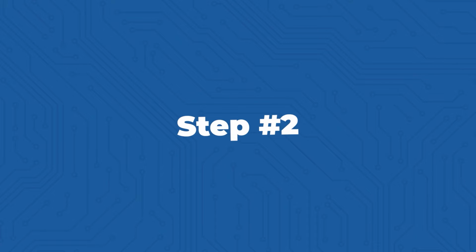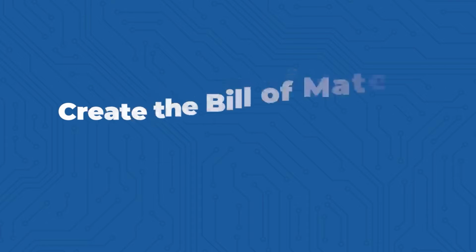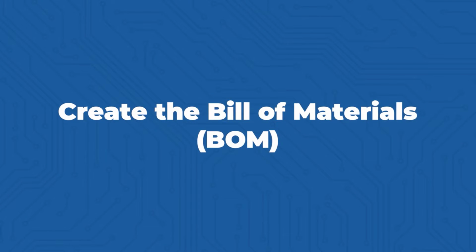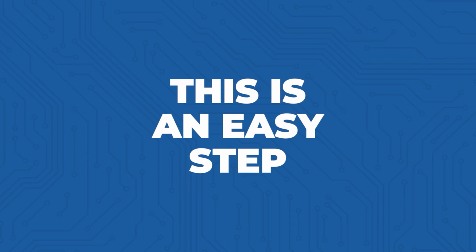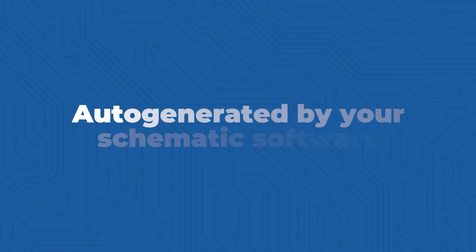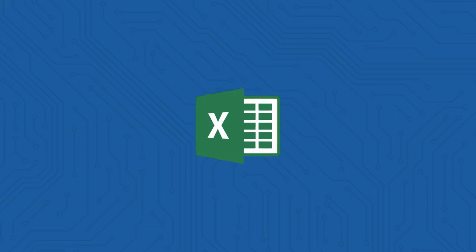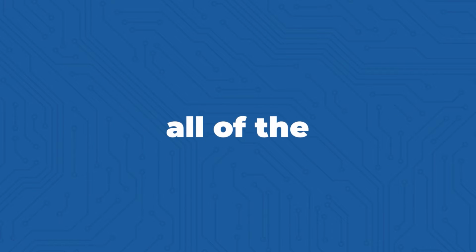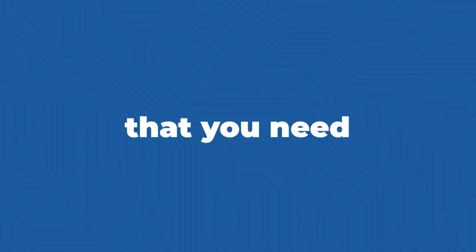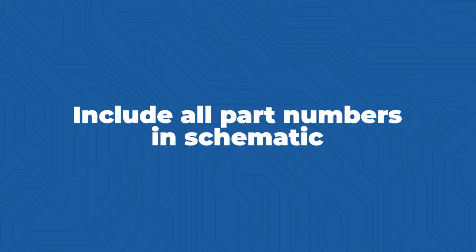Once you finish the schematic design step, then the next step is to create the bill of materials. And fortunately, this is an easy step because it's auto-generated by your schematic software. Although once it's generated, it will output an Excel file, and you may need to go in and clean it up a bit. But it will output all of the key data that you need for the bill of materials, assuming you've entered all of that data into the schematic.